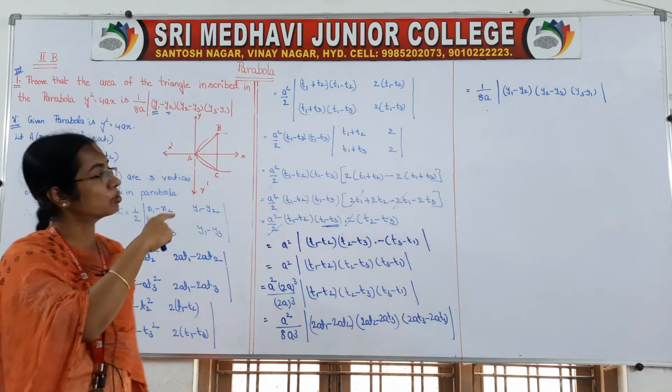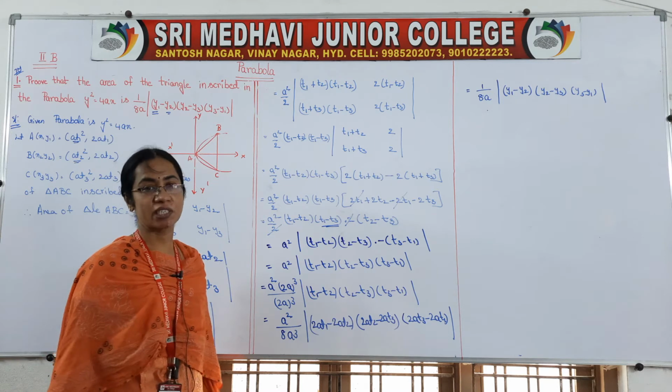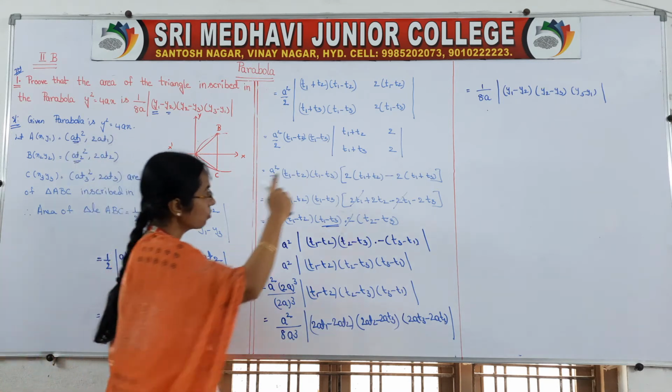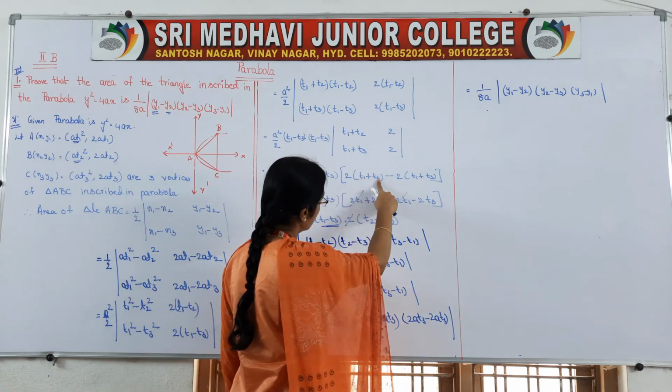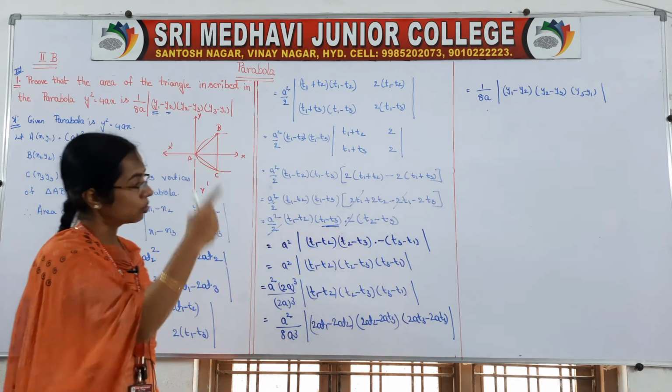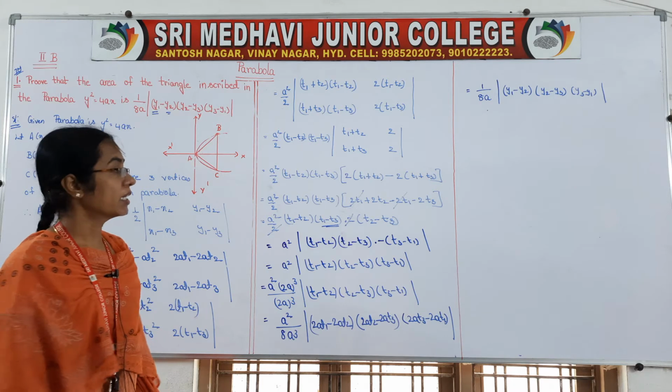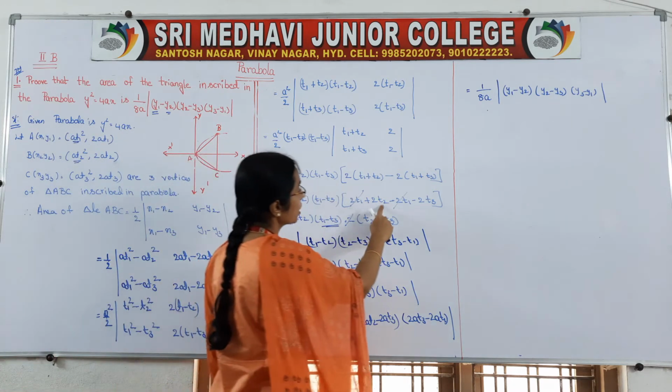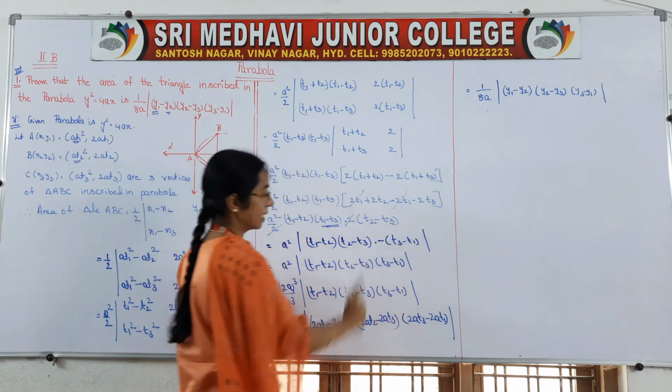You already went through all these things in your first year. Then open the brackets: 2t1 plus 2t2 minus 2t1 minus 2t3. Plus and minus cancel, so 2 into t2 minus t3.